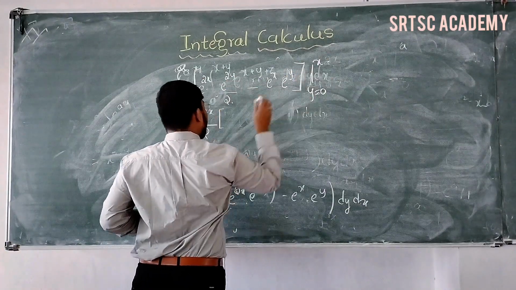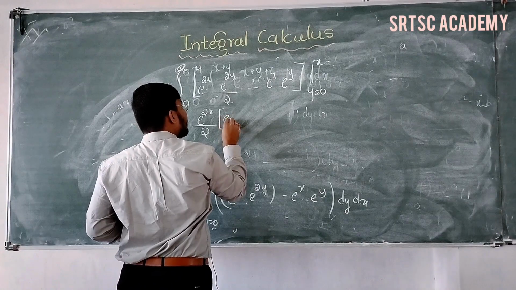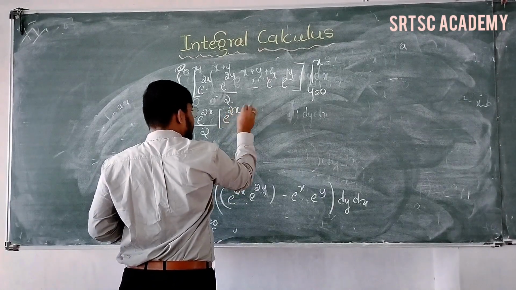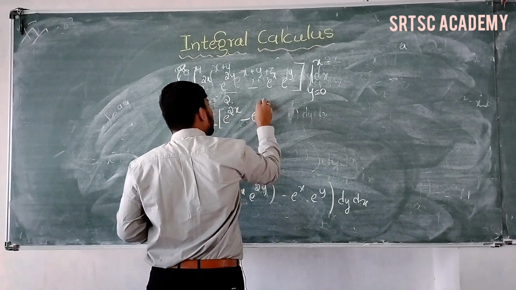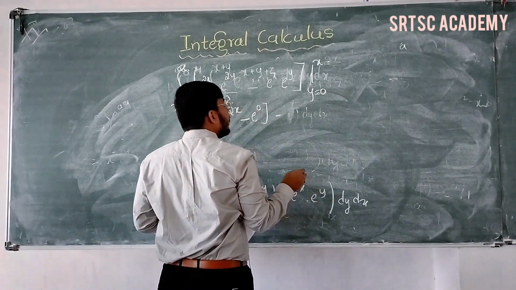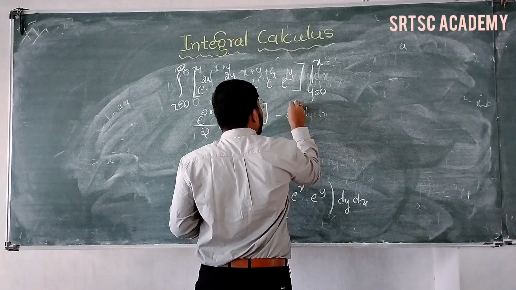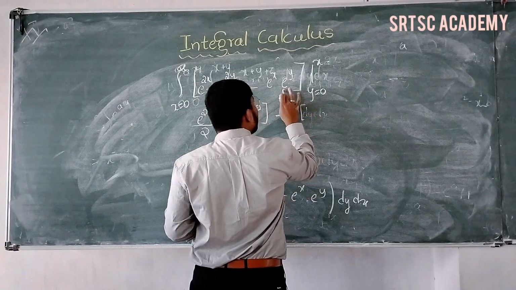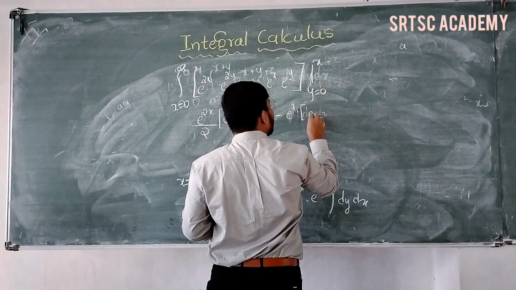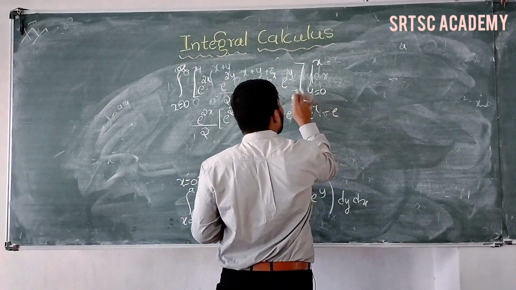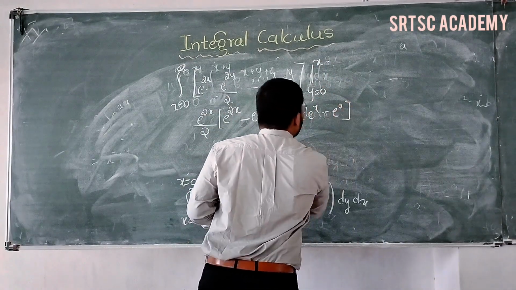Upper limit is what? x. Apply that. e to the power 2x minus lower limit, e to the power 0, minus e to the power x, write as it is, and e to the power y. Instead of y, we have to replace y by the upper limit, that is e to the power x minus e to the power lower limit, that is e to the power 0.